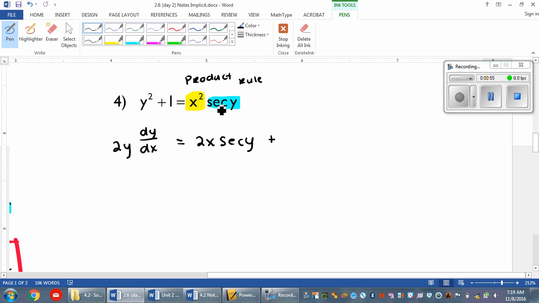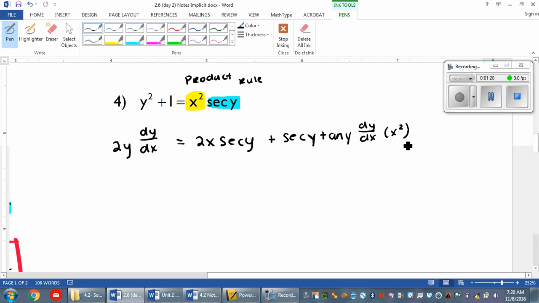Plus, now I take the derivative of secant of y. Secant of y goes to secant of y tangent of y dy over dx, since I actually took the derivative of my trig function with y, with respect to y. Okay? Now, that's the derivative of my second times my first, which is x squared.